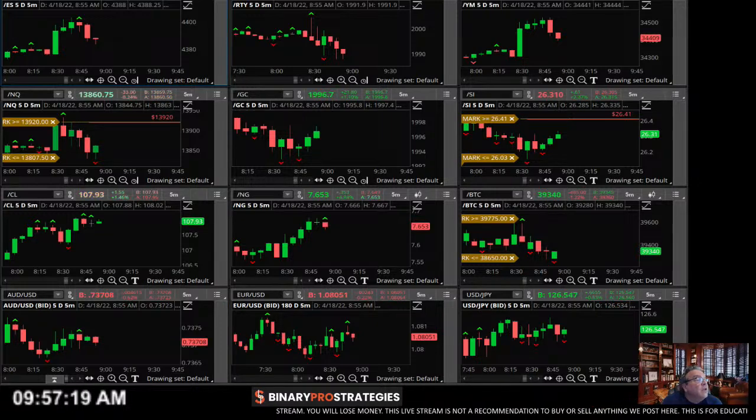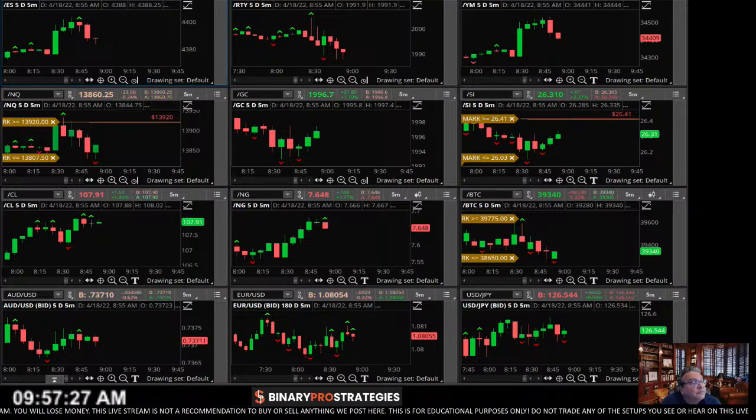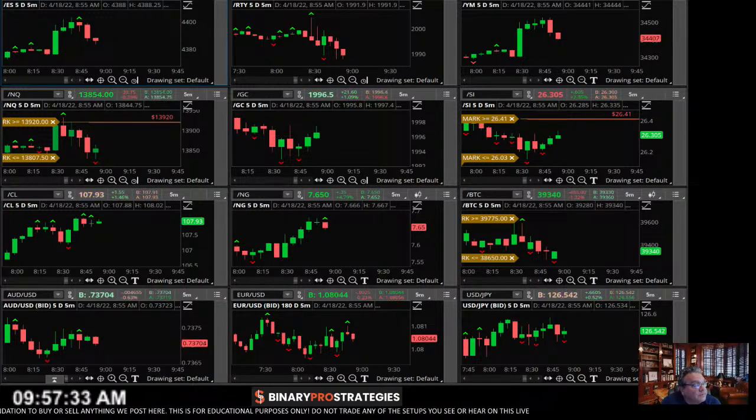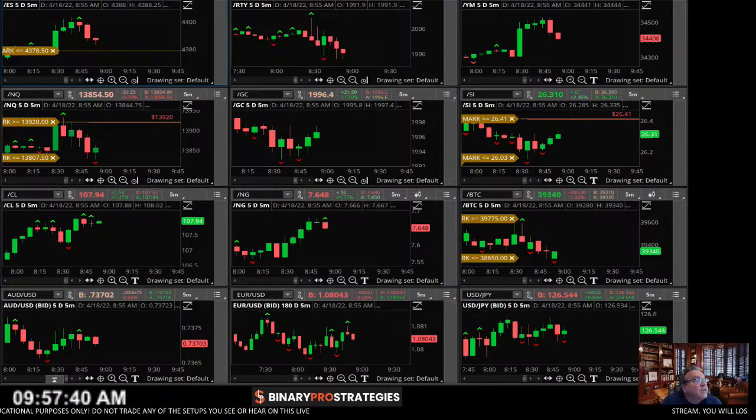Target is going to be 43.78 and a half. That is going to be the profit target. And if we need the reverse, the high is going to be 43.97.